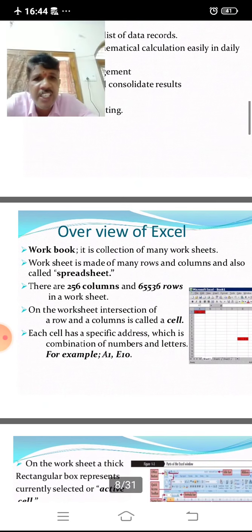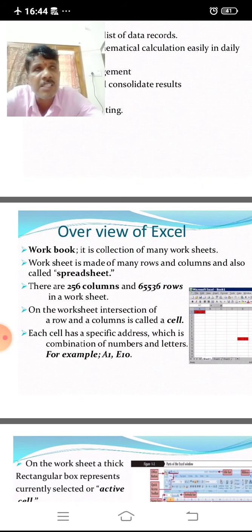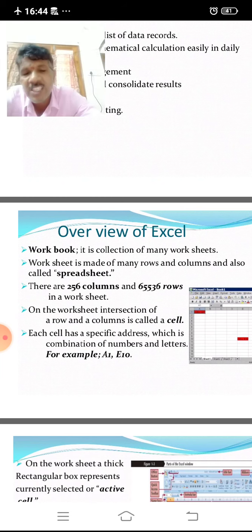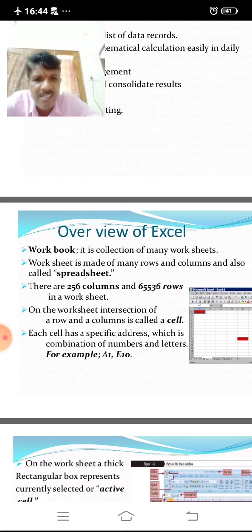On the worksheet, the intersection of a row and column is called a cell. Generally a cell is the intersection of a row and column. The spreadsheet has rows and columns, and the intersection of a row and column is called a cell. Then each cell has a specific address which is a combination of letters and numbers.